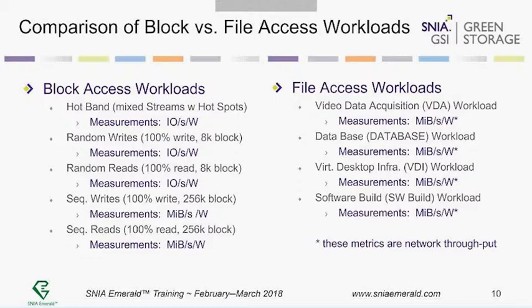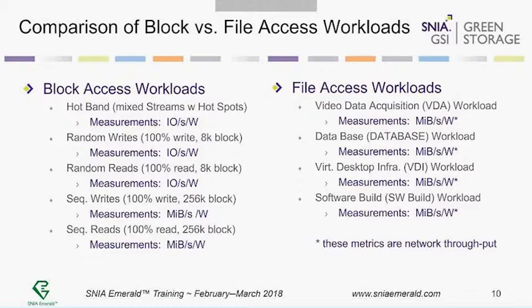What you see here is a contrast and compare between the block access workloads, which we've included here only for reference, and juxtaposed the file access workloads on the right-hand side of the slide. In the past, we had 5 workloads that we ran for block access measurement, and today on the file access side, we have 4.